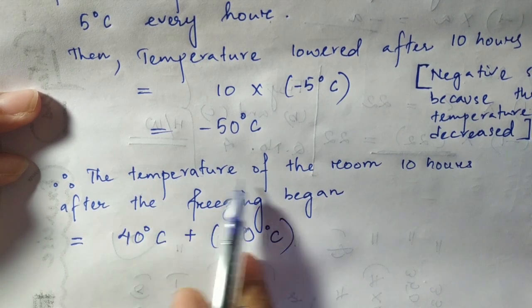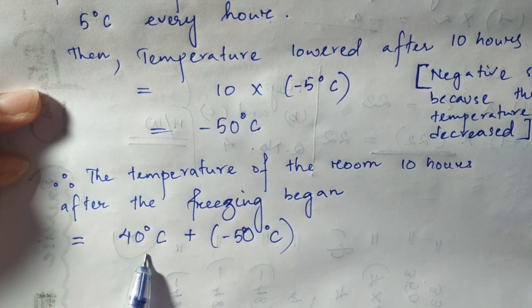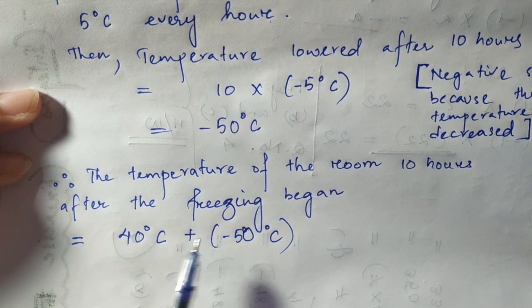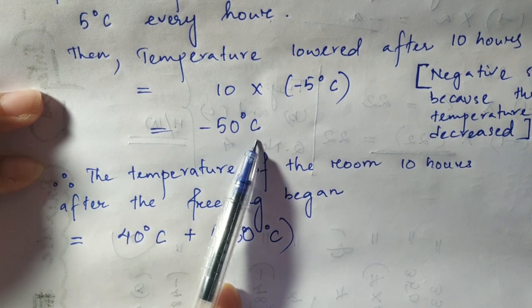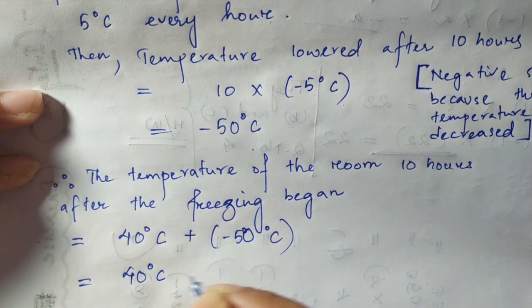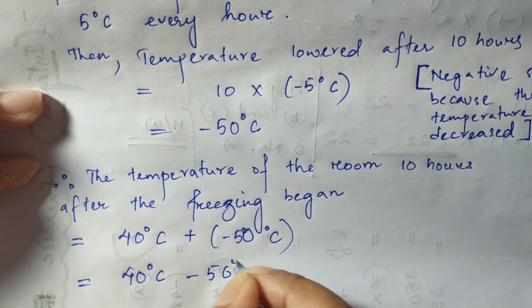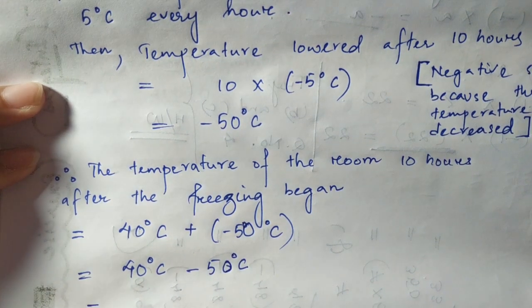So the temperature of the room 10 hours after the freezing begins will be the initial temperature plus the temperature that was lowered after 10 hours. So here you see 40 degrees Celsius plus minus 50 degrees Celsius. 40 minus 50 will give me minus 10 degrees Celsius.